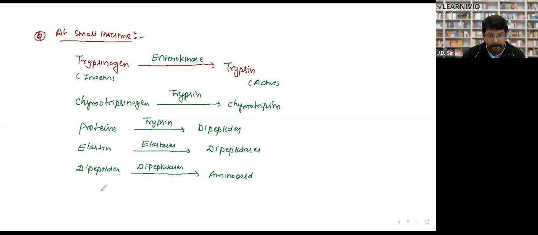And peptides are broken down into amino acids with the help of aminopeptidases. That is the digestion of protein which takes place in our small intestine.